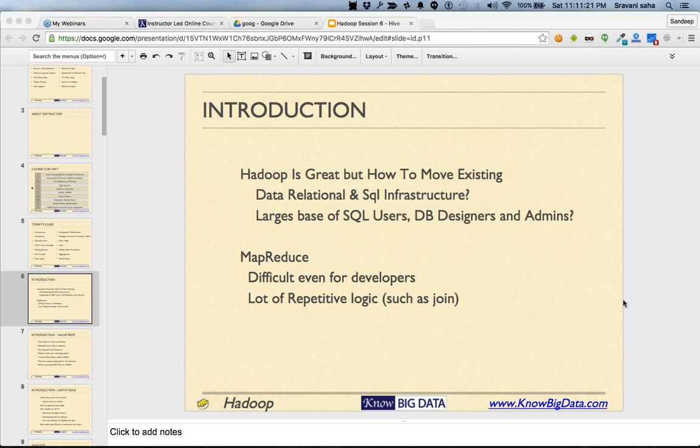While Pig was translating Pig Latin into MapReduce, Hive translates your SQL into MapReduce. So you write your logic in terms of SQL, and it translates it into MapReduce and gets your work done. Is everybody on the same page?